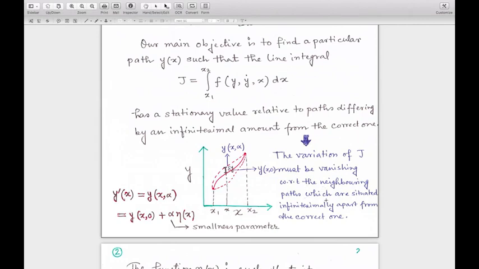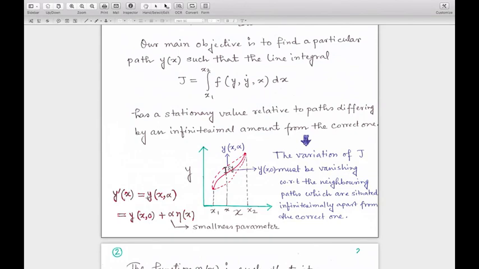What is the meaning of neighboring path? That means the paths which are situated infinitesimally apart from the correct one. Although this picture doesn't really show infinitesimal distances from the solid one, we have to understand that those dotted lines are very, very close to this solid line. Okay. How to write that mathematically?